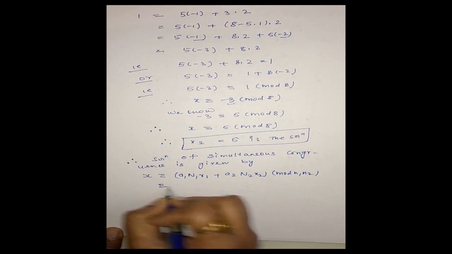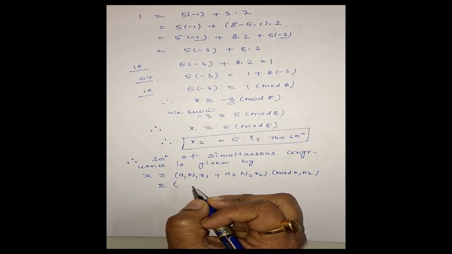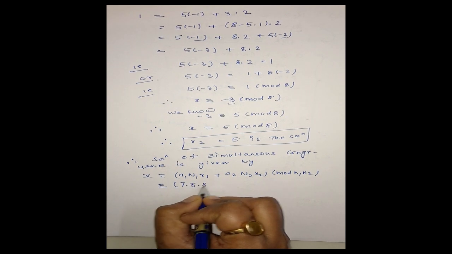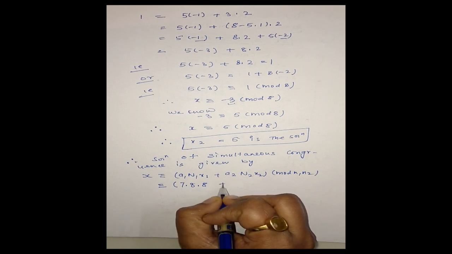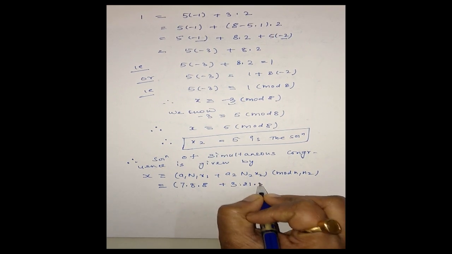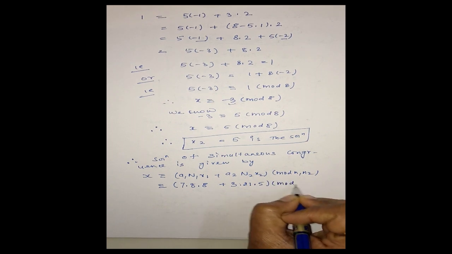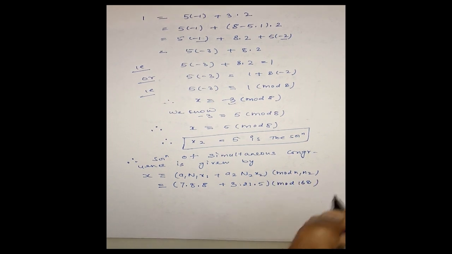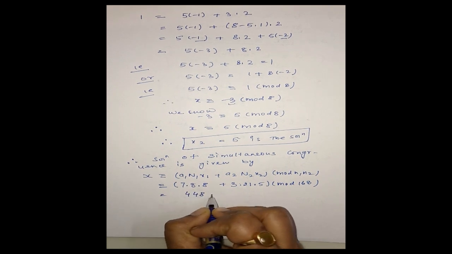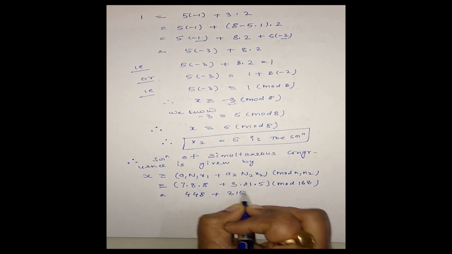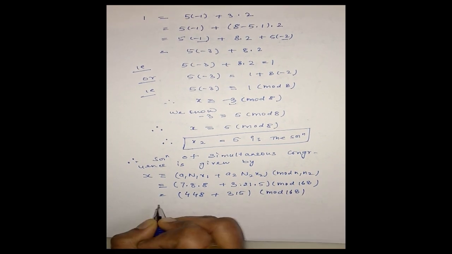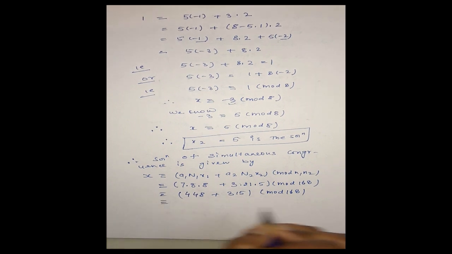Okay, now substituting values of a1 n1 x1, that is 7 into 8 into 8 plus 3 into 21 into 5 modulo 168. Okay, this is 448 plus, on multiplying we will get this modulo 168, and congruent sign here.